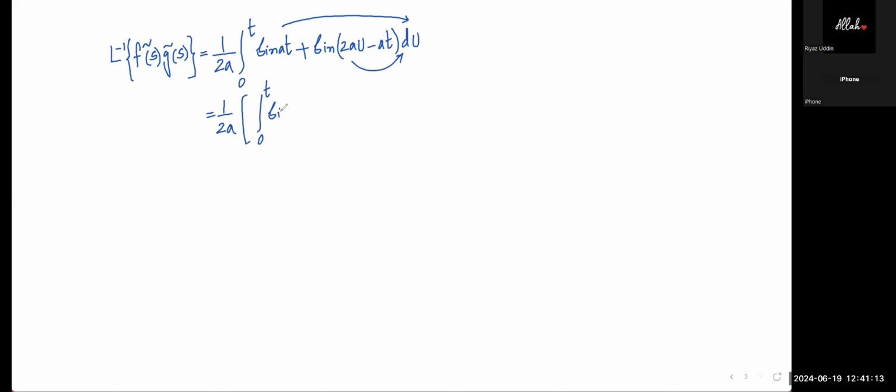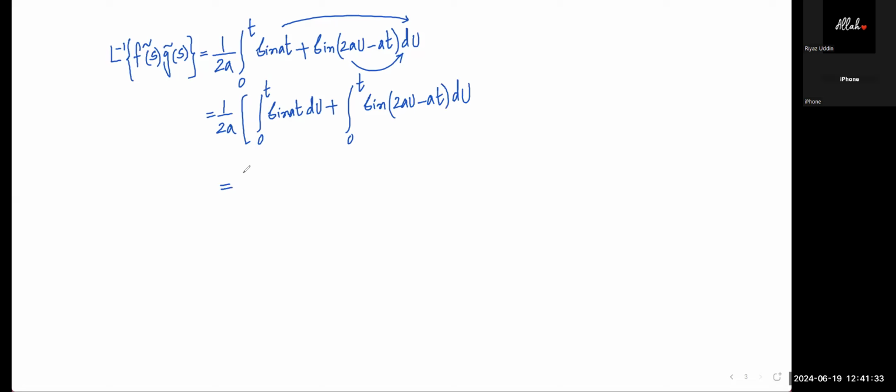Sin at du plus 0 to t sin 2au minus at du.